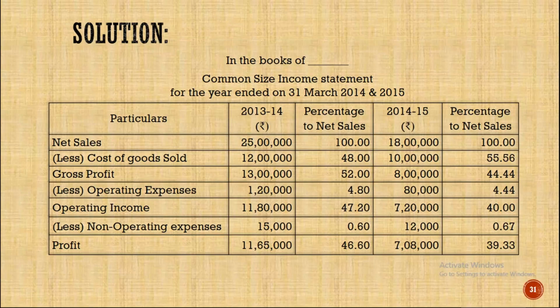Then cost of goods sold. How to calculate that percentage? We have already seen the formula: the amount of that line item, that is 12 lakh, divided by the amount of the base item, that is 25 lakh, into 100 will give you the percentage to net sales, that is 48%.